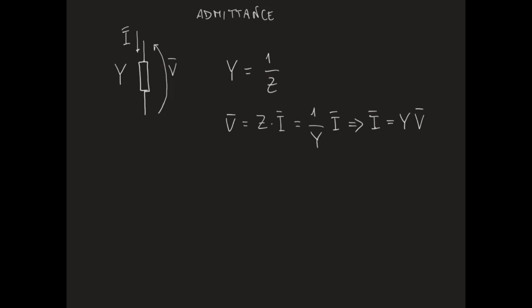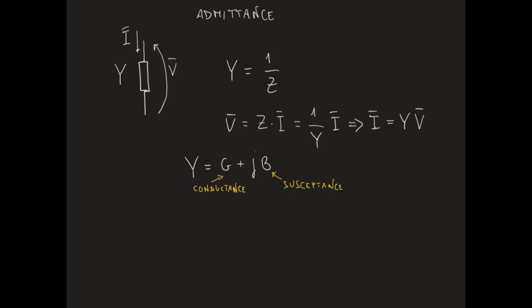The admittance is, of course, a complex number with a real part and an imaginary part. In particular, the admittance can be written as G, the real part of the admittance, plus jB, the imaginary part of the admittance. G is called the conductance, while B is called the susceptance.